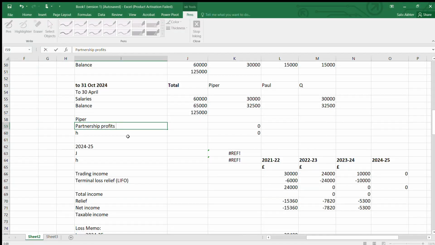So when you are taking till 31st October, so from 1st April 2024 to 31st October 2024, you're taking the profit.